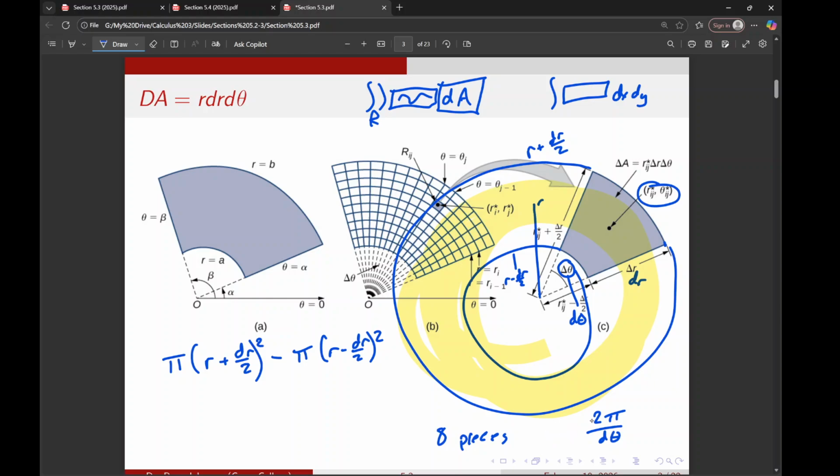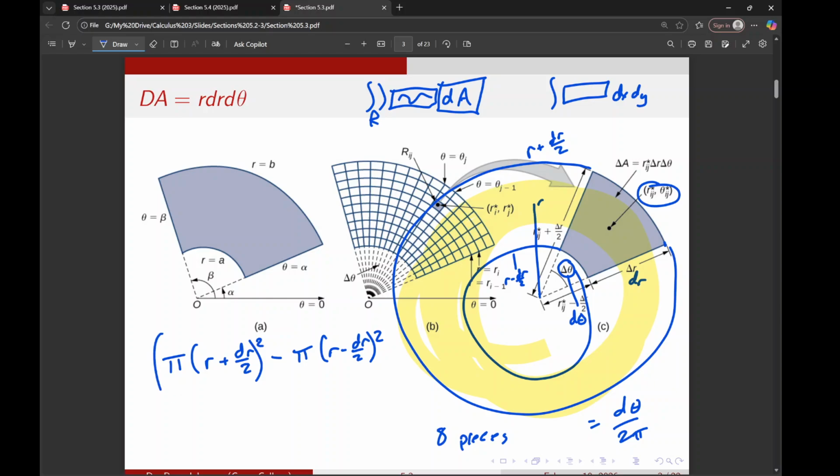So 1/8 is d theta over 2 pi. And that works if I have 9 pieces, 10 pieces, whatever: the angle divided by 2 pi gives me what fraction of the annulus I'm getting.